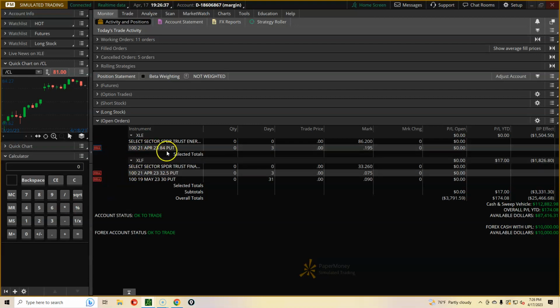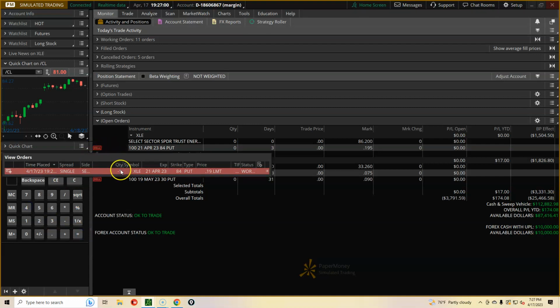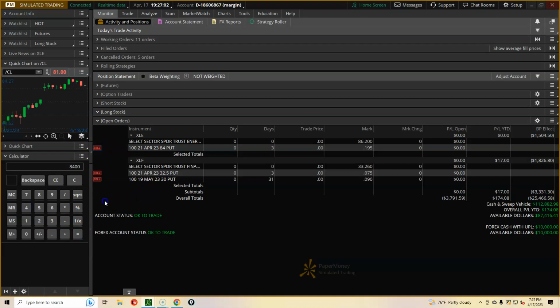Okay, so that's going to be 84 times 100, because it's one contract, but each contract represents 100 shares. Not 1,000 shares, 100 shares. So you can do the mental math, right? 84 times 100 equals 8,400. And we're trying to get one of those, so 8,400.